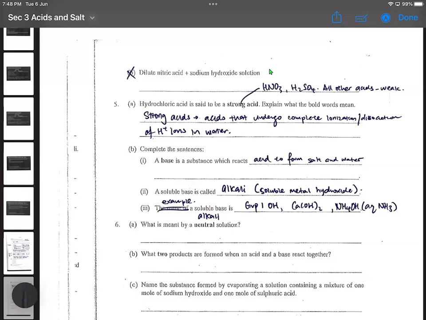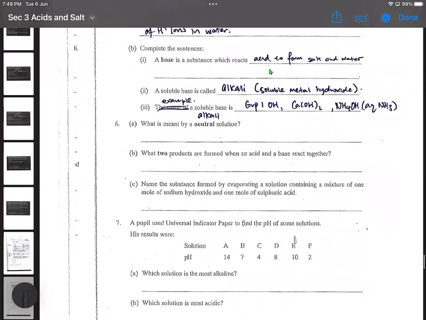Okay, let's go to number 6. In generally neutral solution, we can understand this in a few ways.